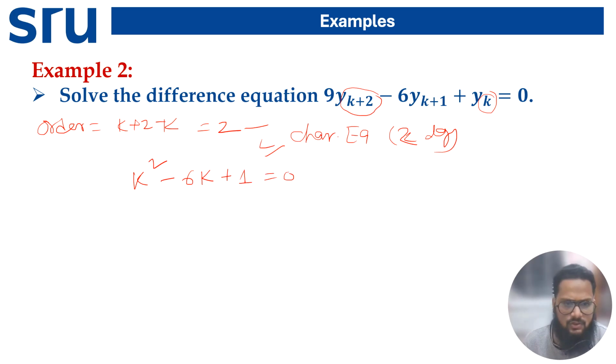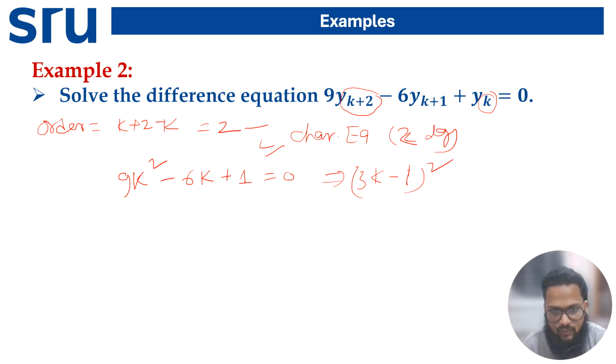Right? If we solve this, you cannot factorize it easily, so you can use the formula minus b plus minus something. But if you see easily, this is nothing but 3k minus 1 whole square, sorry, the 9 is there. 3 square is 9k square, minus 2 into 3k, so 6k, plus 1 square is 1.